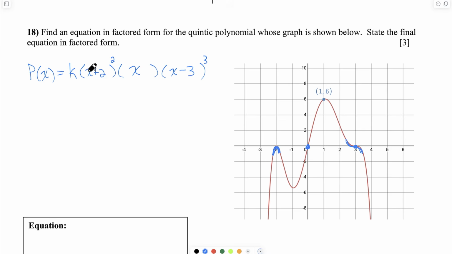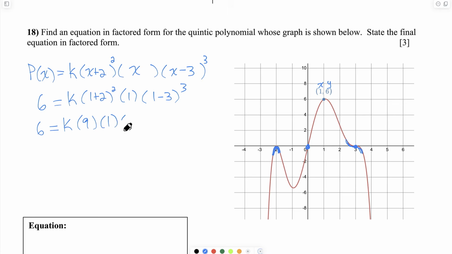What I have to solve for now is what's the value of k that makes this function go through that point. That point has an x and a y value. So I'll replace y with 6, and I'll replace each of the x's with 1, and then solve for k. So I have 3 squared, which is 9, times 1, times -2 cubed, which is -8. So I have 6 equals -72k.